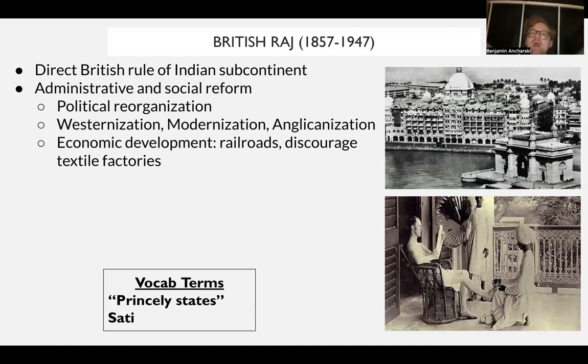There is an active effort to discourage things made in India. High tariffs will be placed back in Great Britain on goods coming from India, especially manufactured goods.